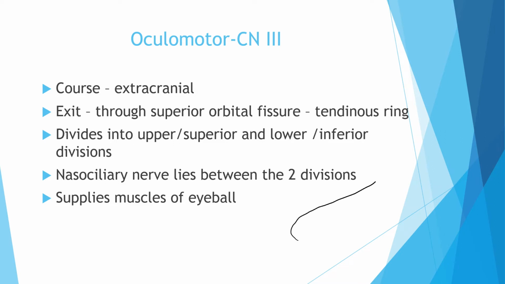So if we draw the superior orbital fissure, retort shaped, in the center there is a tendinous ring of Zinn, and inside this there is an upper division and a lower division of the oculomotor. Between the two lies the nasociliary nerve.